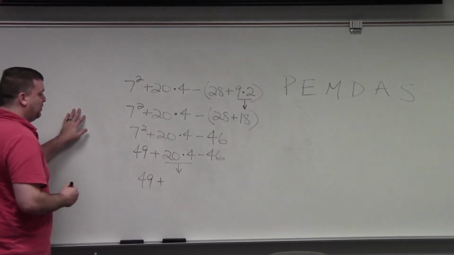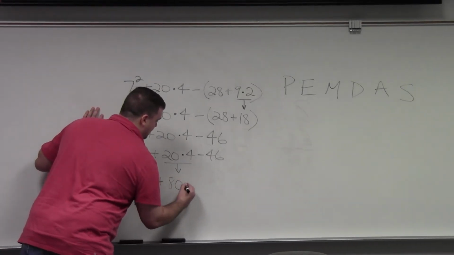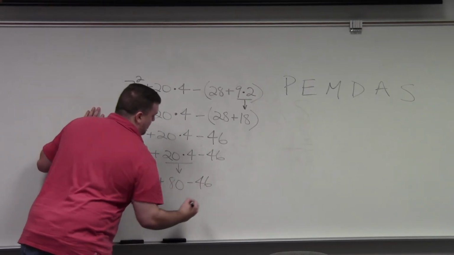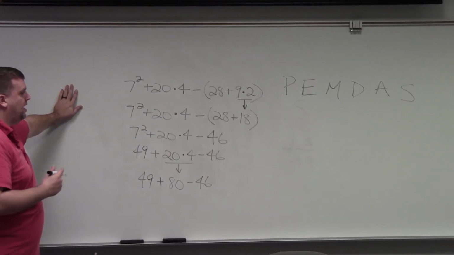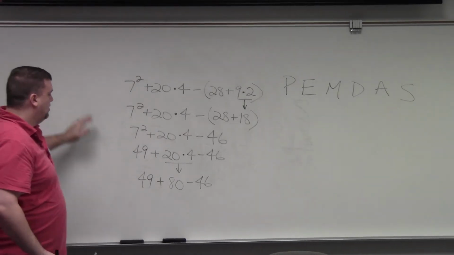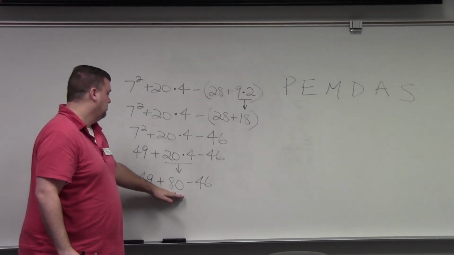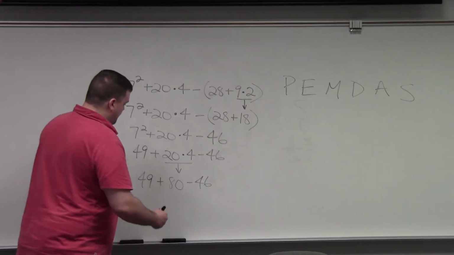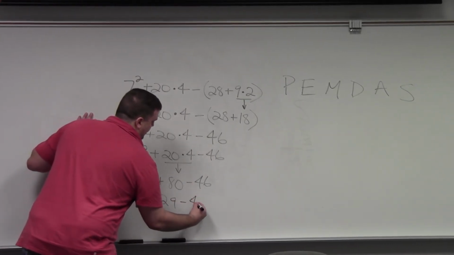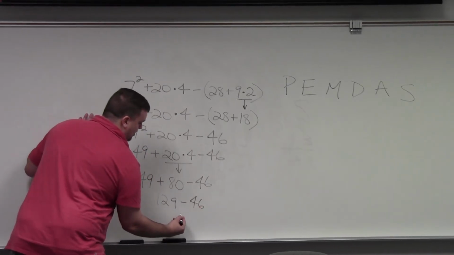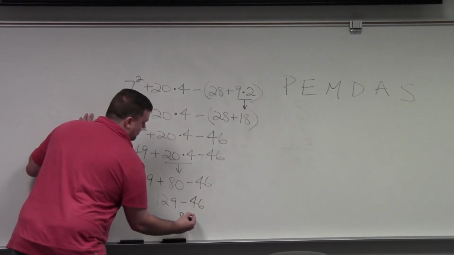All right, 20 times 4 is 80, that's correct. Now we have addition and subtraction, and with addition and subtraction, just move left to right. So 49 plus 80 is what? 129. And then we have minus 46. 83, correct.